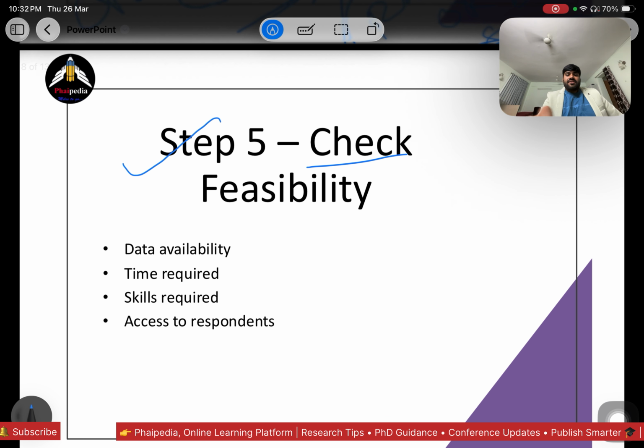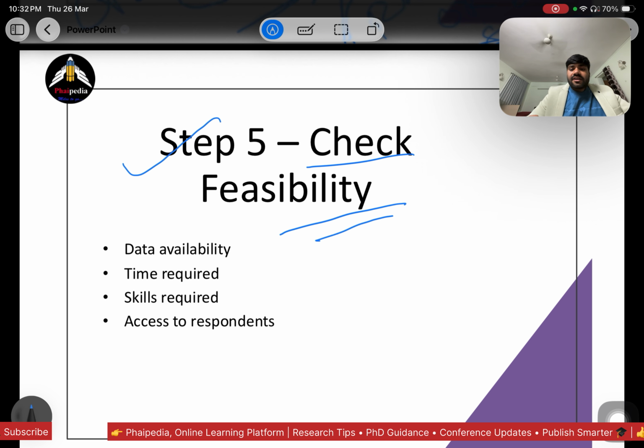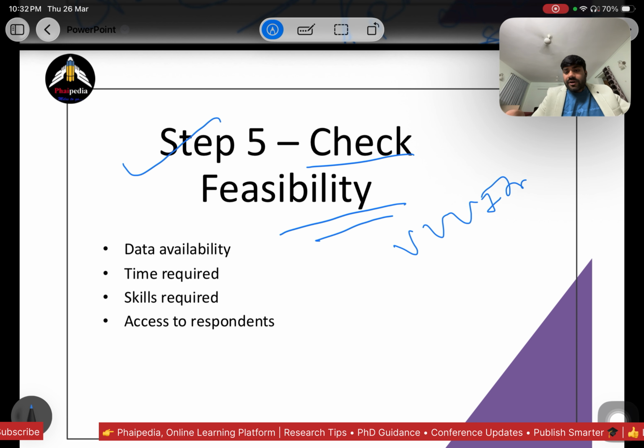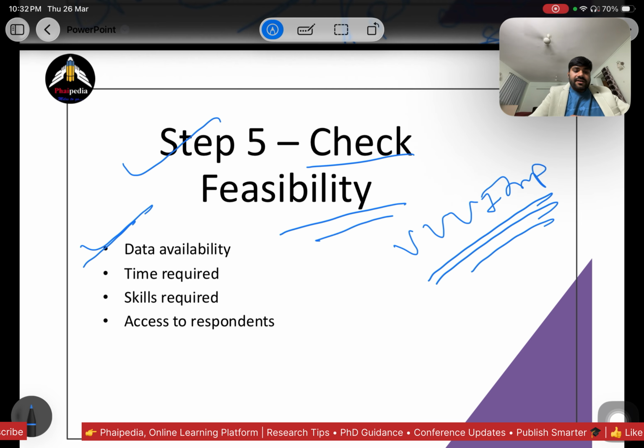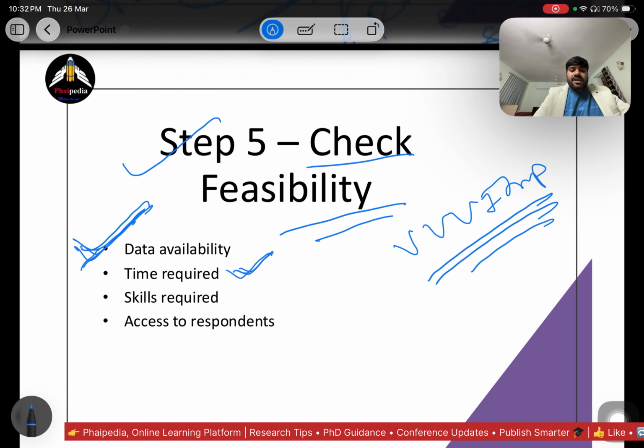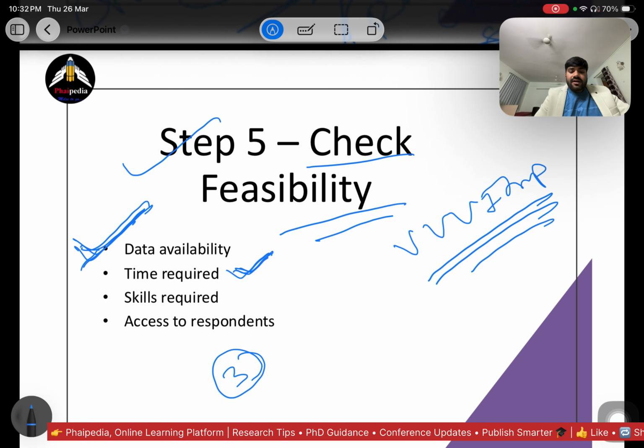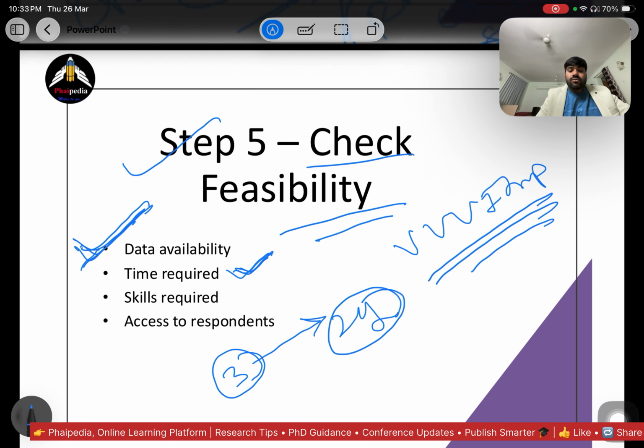Step 5, check feasibility. This is a very important point. Every researcher has to keep in mind the data availability, data should be available, and the time required, how much time it will take. Because if you start your work in the third year and data collection will take around 2 years, then what will you do?